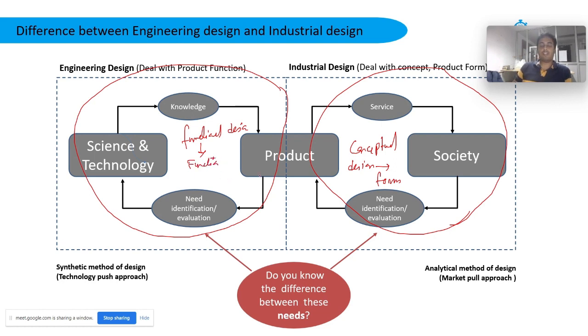Okay, can you tell me what is the difference between these particular need areas? We have a need from the industrial design side, and also a need from the engineering design side. What is the difference between these two needs?